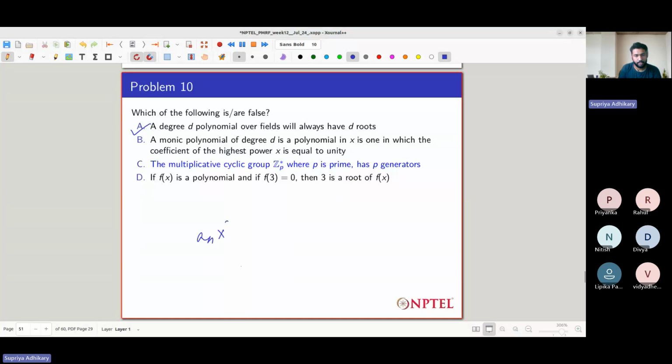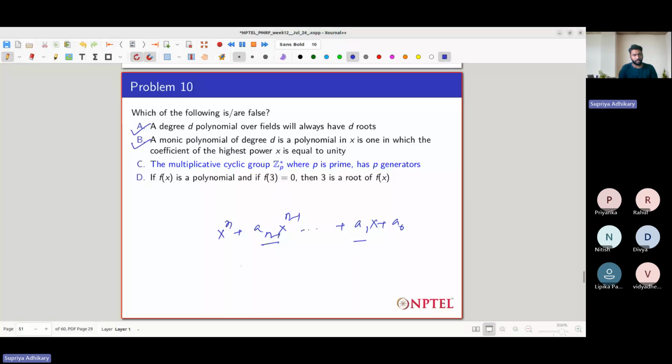Any polynomial can be written as this: a_n x^n plus a_(n-1) x^(n-1), and so on up to a_1 x plus a_0. So this is a polynomial. The definition of a monic polynomial is that the highest power coefficient, this a_n, has to be exactly equal to 1. It doesn't matter what the coefficients of the rest of the powers of x are, but the highest power must always have the coefficient 1. So this is just the definition. So this is also true.